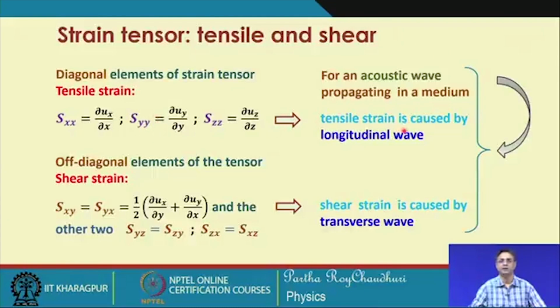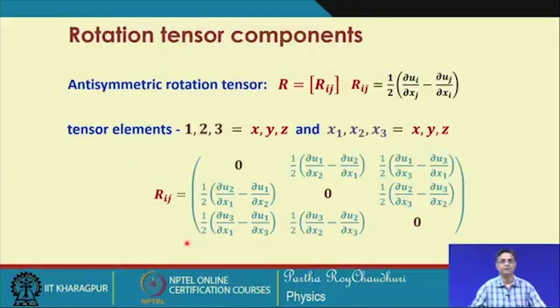That is what I mean to say: when a longitudinal wave propagates in the medium, it creates this tensile strain, and if a shear wave, that is a transverse wave, is propagating in the medium, it creates this transverse, that is the shear strain. So, depending on what kind of acoustic wave is propagating in the material medium, we will consider which elements of the strain matrix will be excited, and that will in turn create the periodic change in the refractive indices.